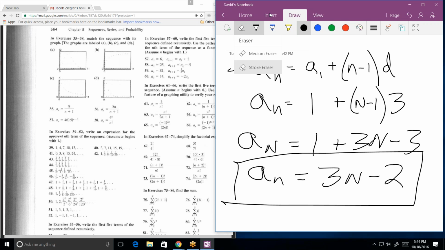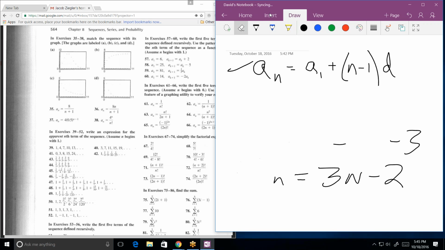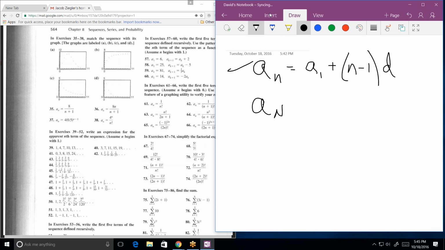Okay, wait, I get those two, but could you explain N again, sorry? N is whatever n is. In other words, let me go back a moment. What do we come up with? A sub n equals 3n minus 2, right? Yeah, how did you find for N? All right, let's go back. First of all, I start with 1.